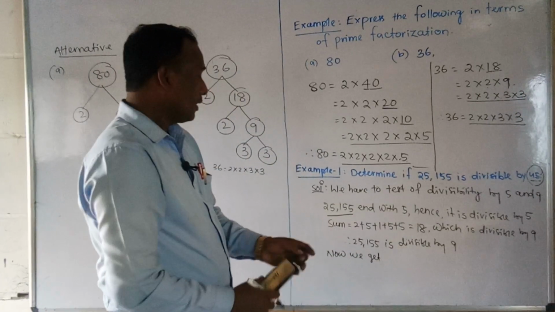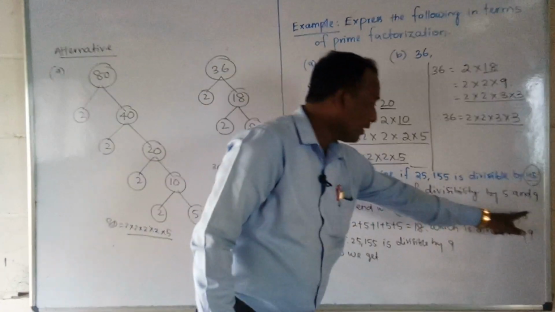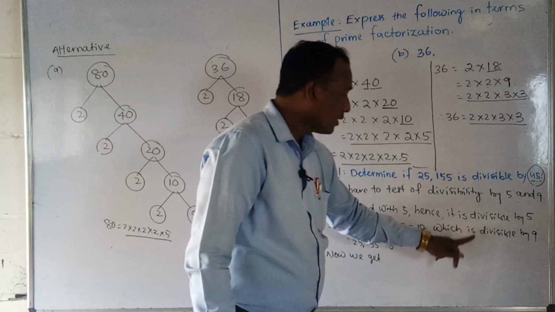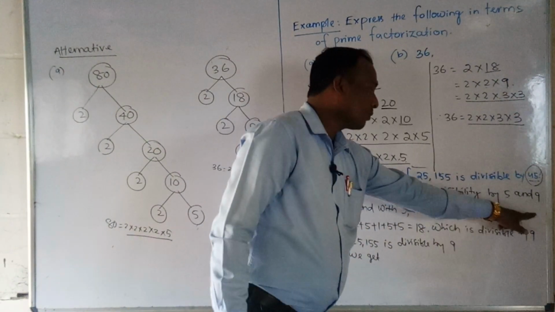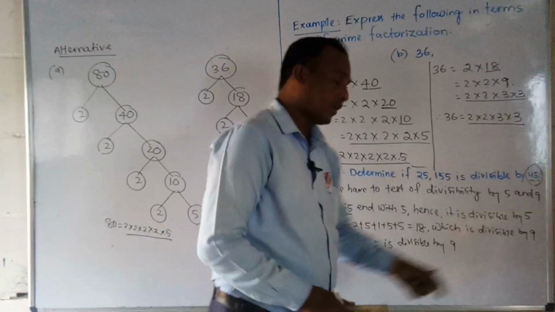So now we get that 25,155 is divisible by 5, and also 25,155 is divisible by 9. That means this number is divisible by both 5 and 9. Hence this number is divisible by 45.